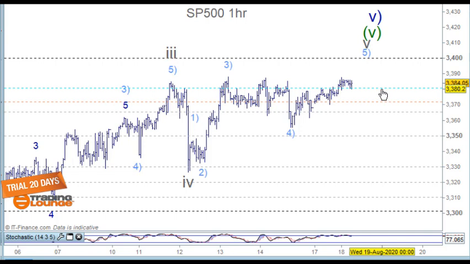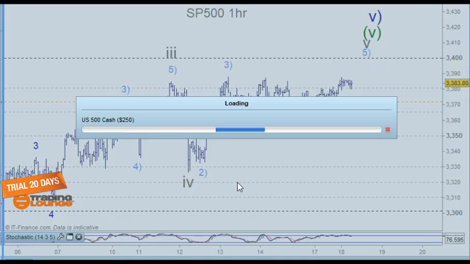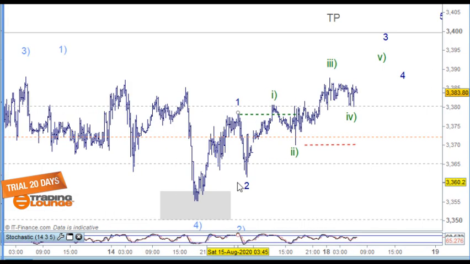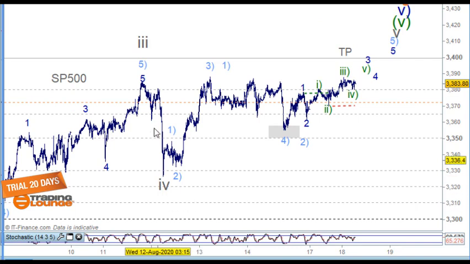testing for support on the 80, and the way to clarify that is simply by going in a little bit closer here. So just coming back a little bit, wave 3 and 4 here, then 1 and 2 here, and 3 here, and 4 here.